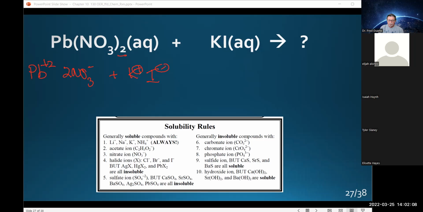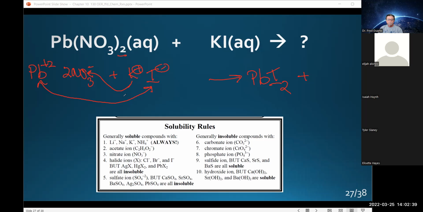Now we exchange the partners, so lead gets partnered up with the iodide, and the potassium gets partnered up with the new partner, the nitrate. Okay, lead has a +2 charge. That means we need 2 iodides. So our products here will be lead, subscript, iodide, subscript 2.